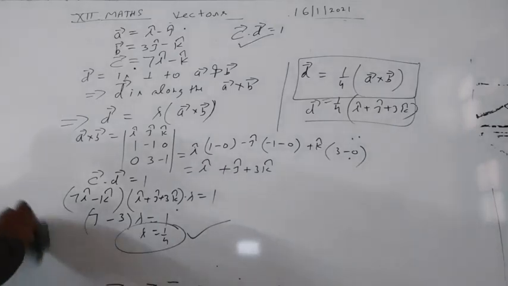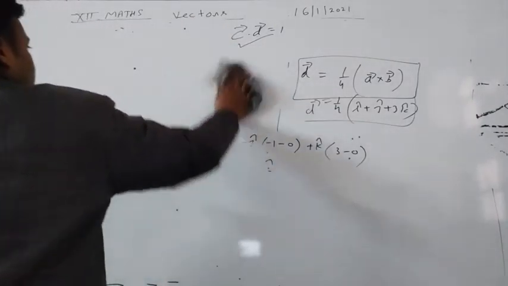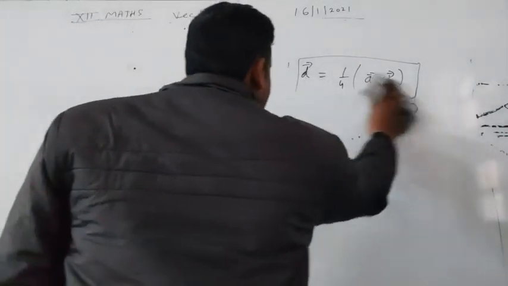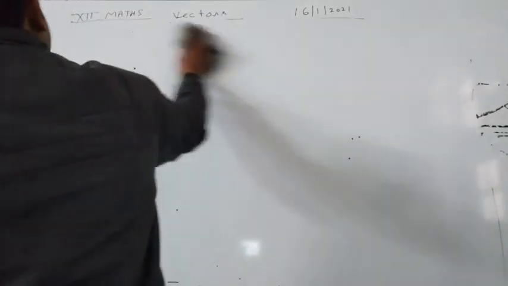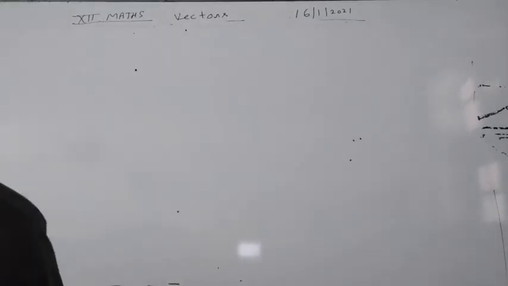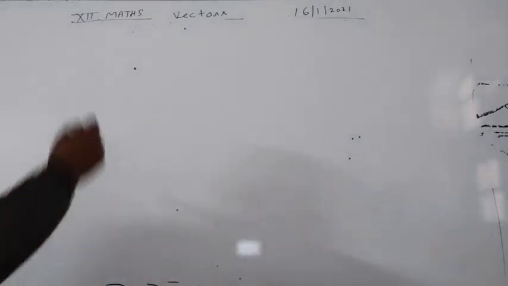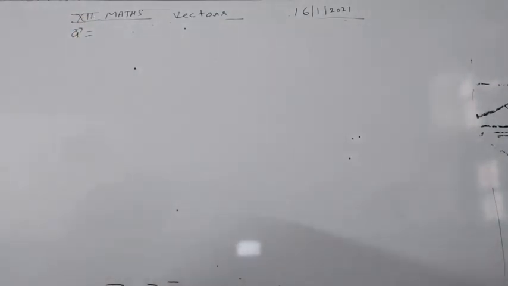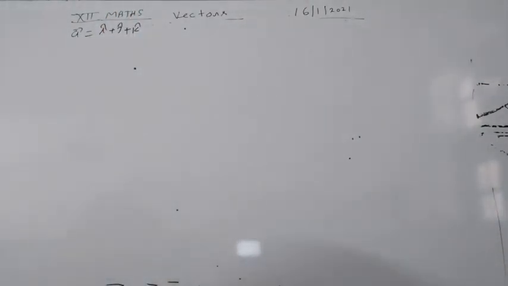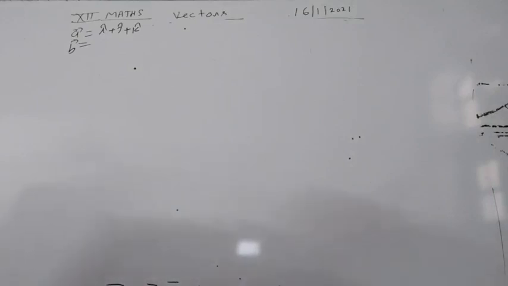Okay student, now we take another question and solve it. Our next question is, vector A is I plus j plus k and B is j minus k.